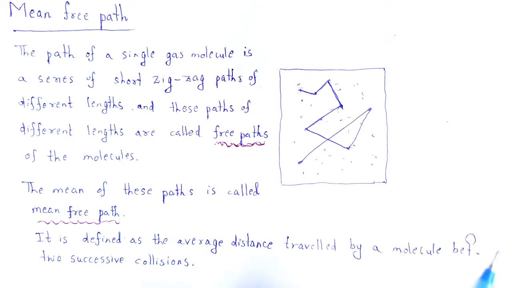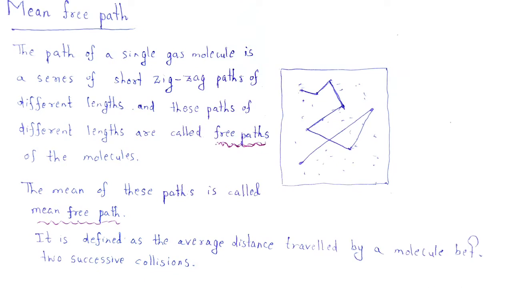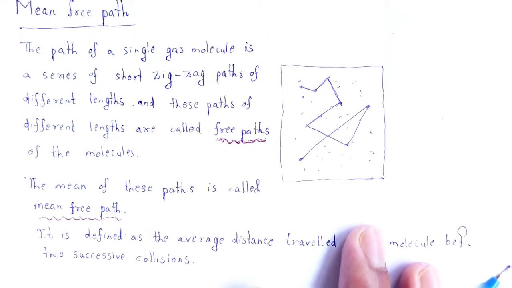If we take the mathematical way, how does the mean free path look?